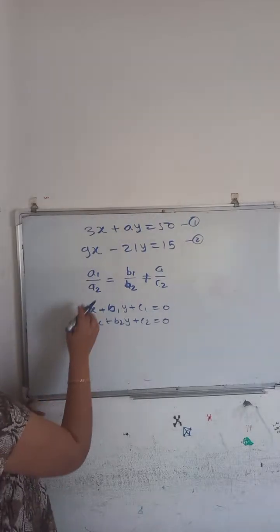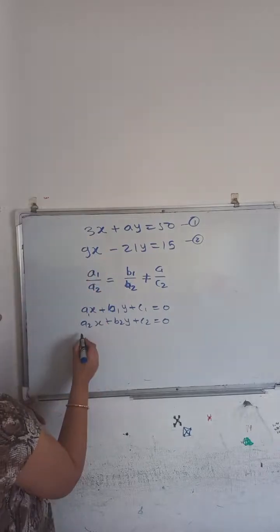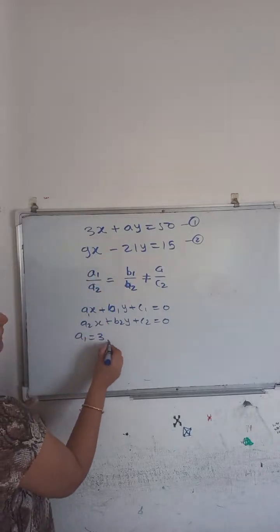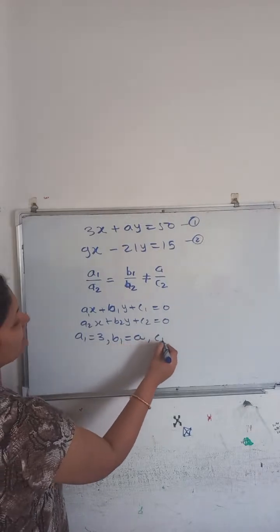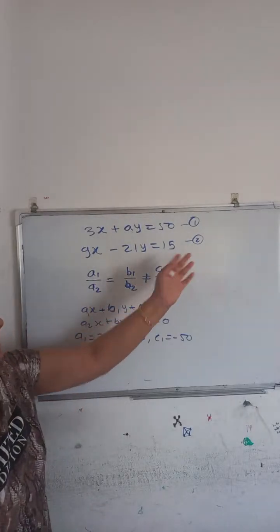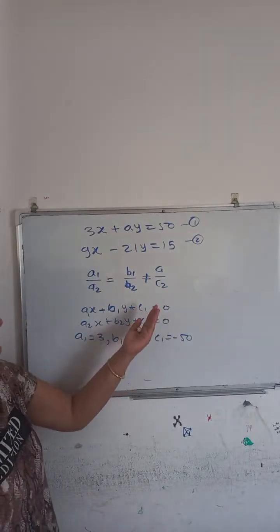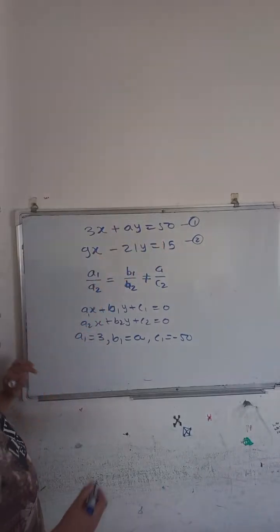If you compare this equation with the given one, a1 is 3, then b1 is a, and c1 is minus 50, because 50 goes to that side. According to the standard equation, c1 is towards the LHS, so here it is RHS, so it will become minus 50.